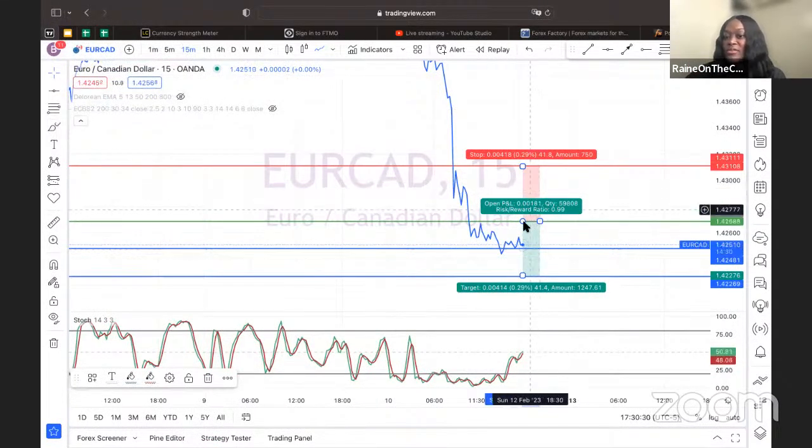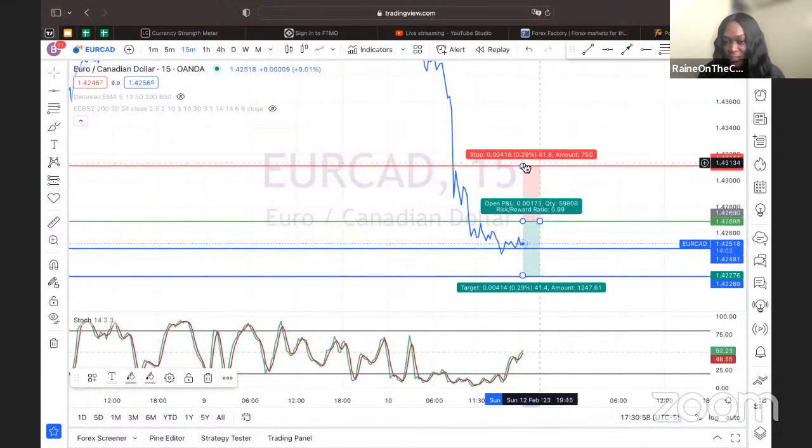So if you enter the trade here, let's assume that it came to my entry point. So I could set a sell limit. I could put a sell limit here at 1.42688. So if price pulls up to that price, then I'm going to be entered into the trade because I'm doing a sell limit.